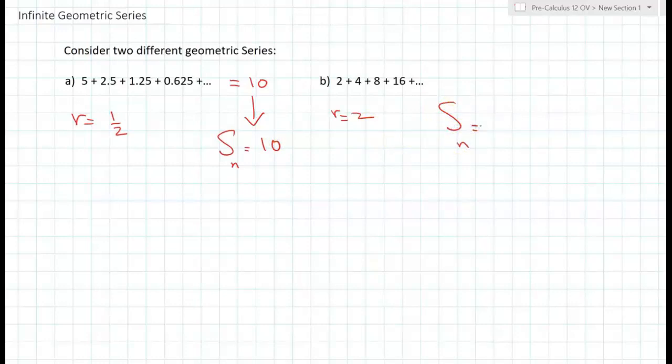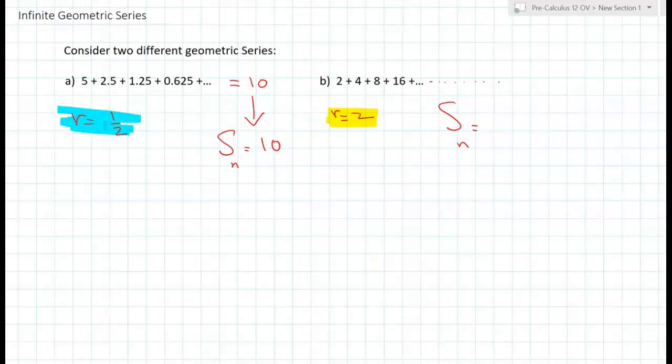Well, not really, because you keep doubling it, and the series is going to continue going forever because the number is getting bigger and bigger and bigger. And mostly it's because of the common ratios. Look at R equal to 2 and reference it to R equals to half.